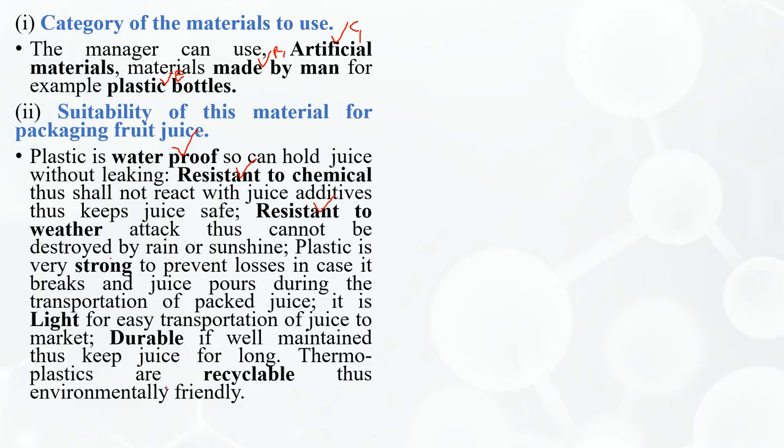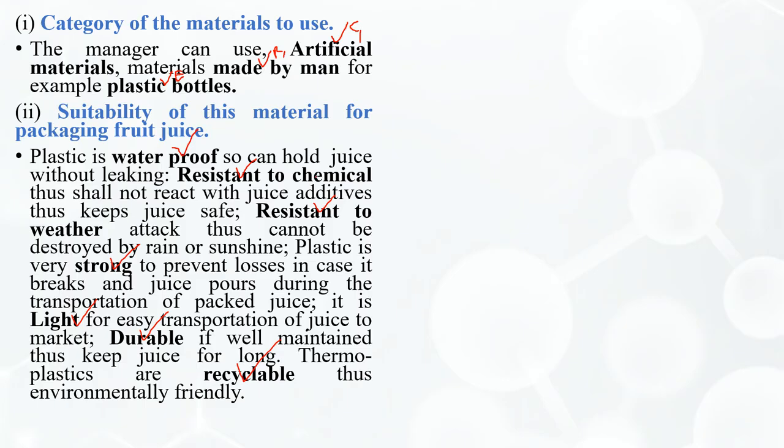Plastic is very strong, another point, to prevent losses in case it breaks and juice pours during transportation. It is light, another point, for easy transportation of juice to market. It is durable if well maintained, thus keeps juice for long. Thermoplastics are recyclable, another point, thus environmentally friendly. How many points are those?